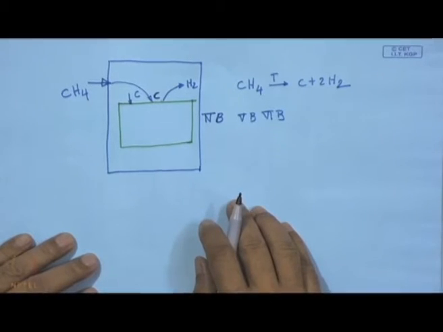Say it can be molybdenum carbide, tungsten carbide, vanadium carbide, it can be even titanium carbide or chromium carbide, and they are known for their elevated properties like hardness, wear resistance.